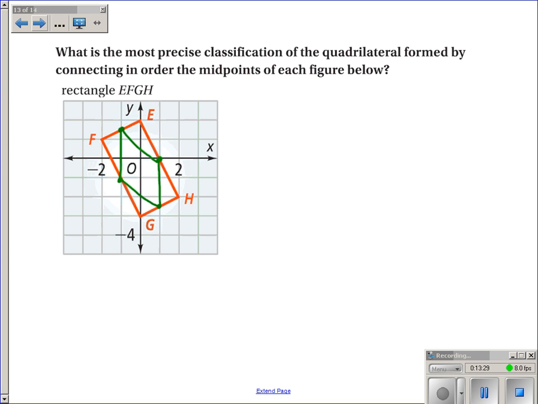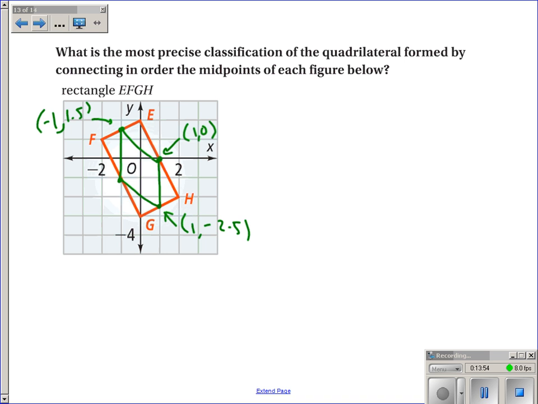To check that, I will find the distance of the sides, specifically two adjacent sides. This coordinate right here is -1, 1.5. This coordinate is 1, 0, and this coordinate is 1, comma, -2.5.